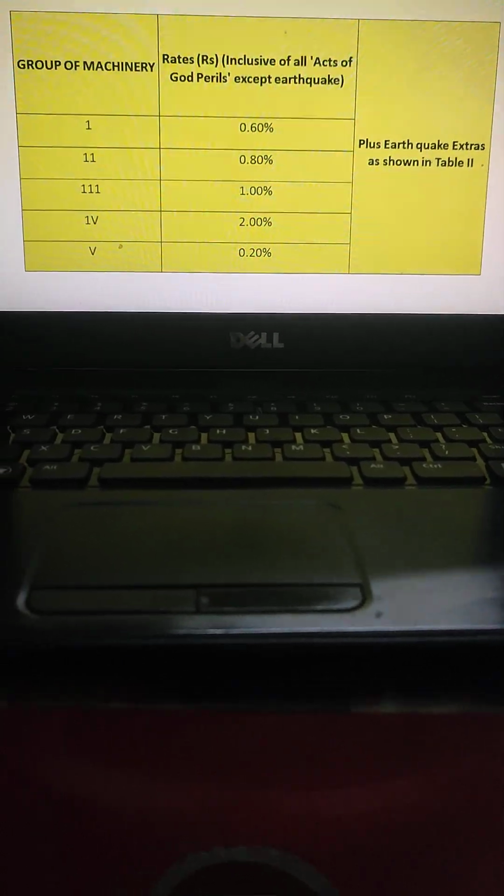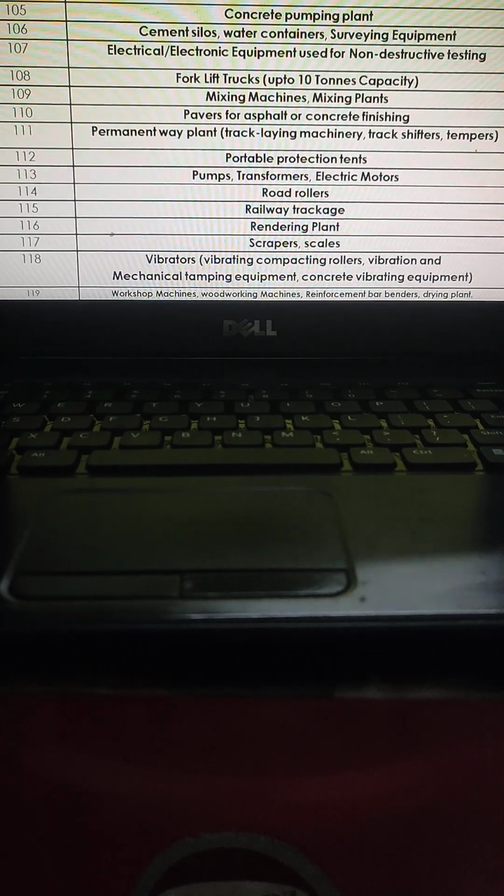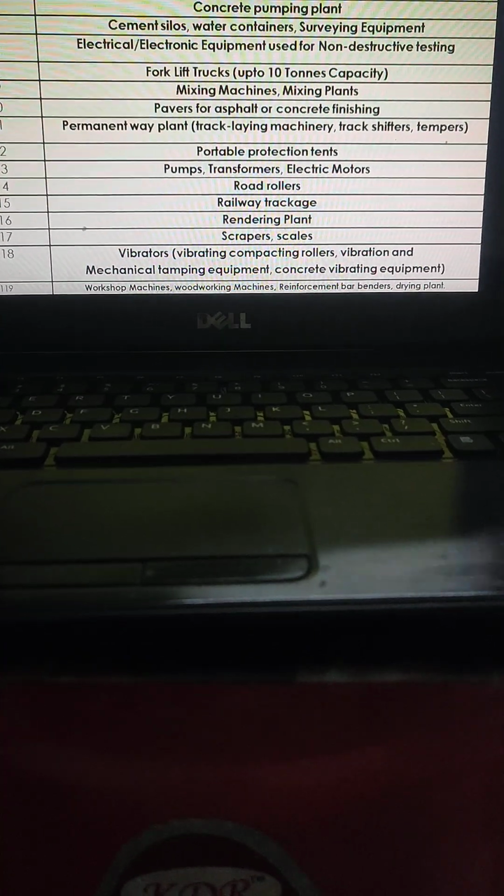So only 5 groups are there. These 5 groups include all kinds of machineries. Earthquake extra can be charged, otherwise this is the rate applicable with all the general insurers. And the machineries are classified into 5 groups.